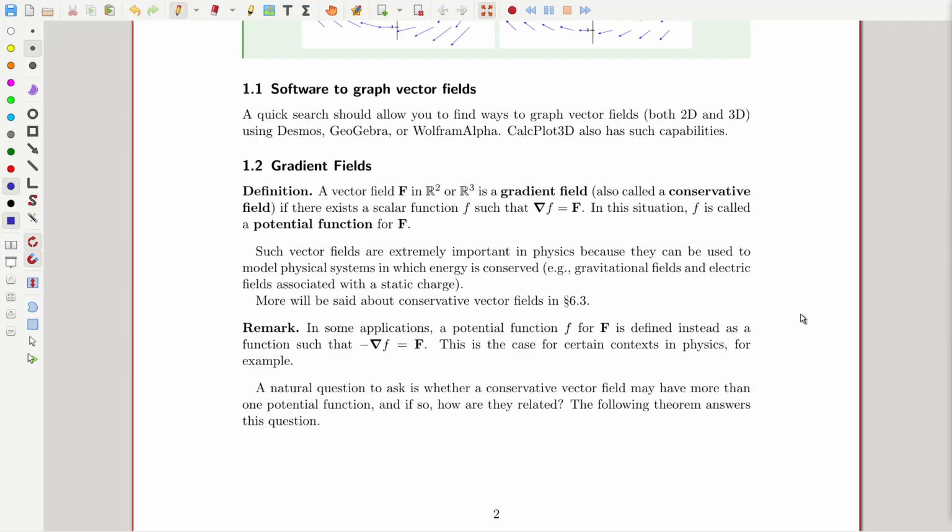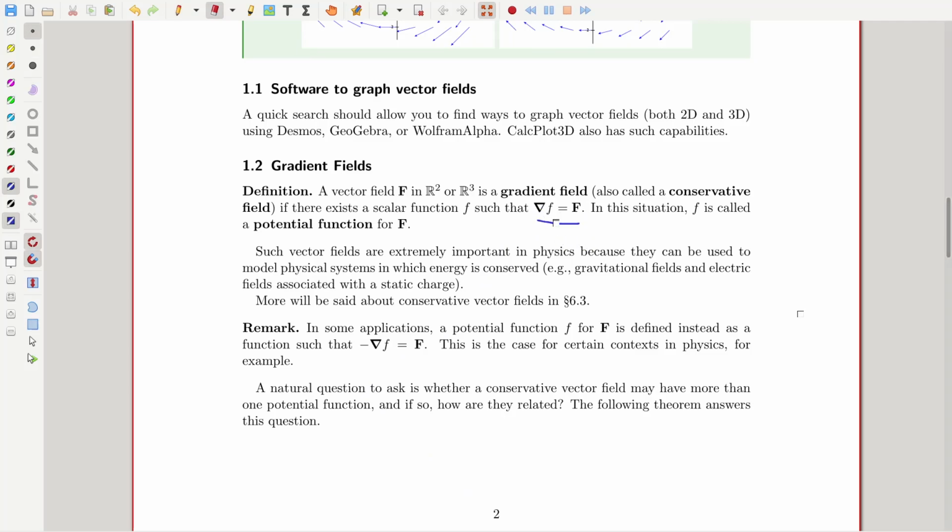So there are special kinds of vector fields that are called gradient fields or conservative vector fields. The word gradient is coming from the fact that these vector fields arise as the gradient of some function, as you can see here, right?